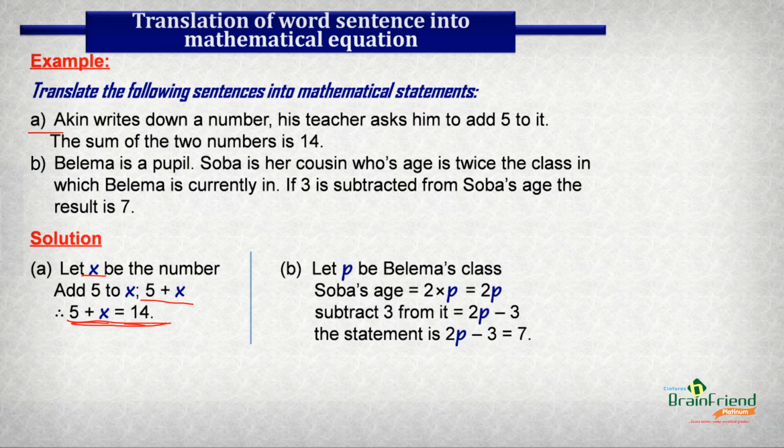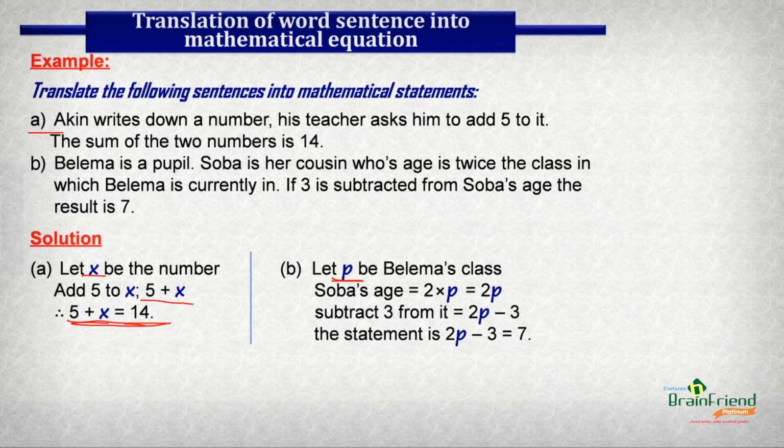So just like we did in the first example, let P be Belema's class. P is our unknown. P is what we are interested in finding out. But our aim here is not to solve for P, but we want to form a mathematical statement that expresses this story in this question.